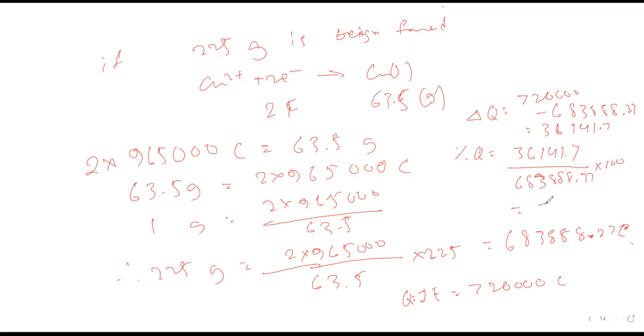This will give us a value of 5.3%. Okay, so that's how we do it, and you can rewind and watch it. One more part is left, which is our Nernst equation. That will be a very short concept, so it will be covered in the next lecture. Thank you, take care.